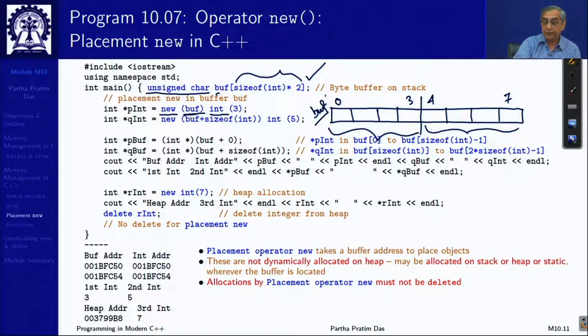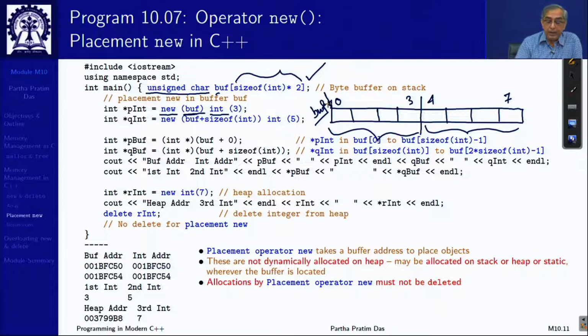So, I have given this pointer to this placement new operator, telling it to give me an integer created at this location. Normal new would have got this address from the system by interacting with the free store, the memory manager of the system. Here I have given that address.